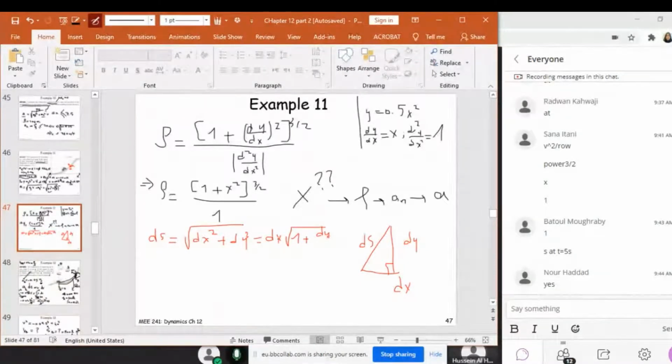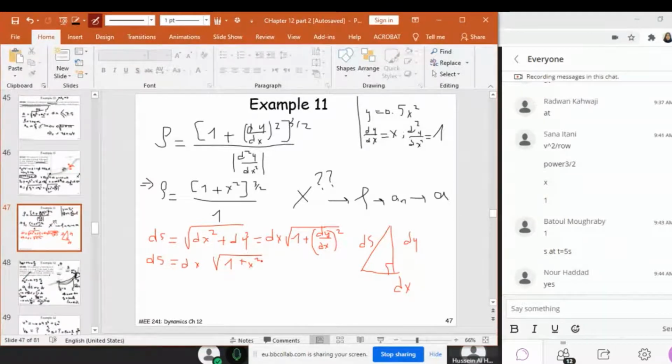This is not d squared y, this is dy, all right? And what does this mean? This means, guys, that ds is equal to dx times the radical of 1 plus (dy over dx) squared. What is dy over dx? It's x squared. So ds equals dx times the radical of 1 plus x squared.